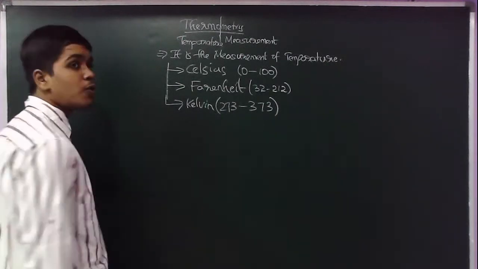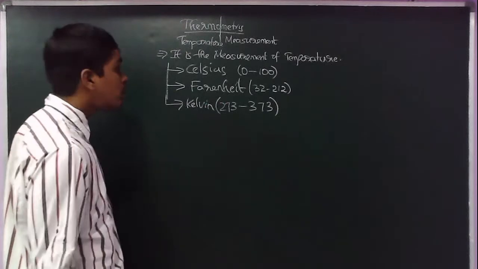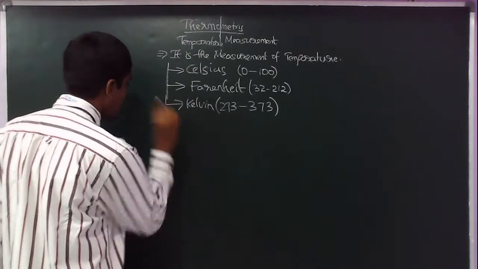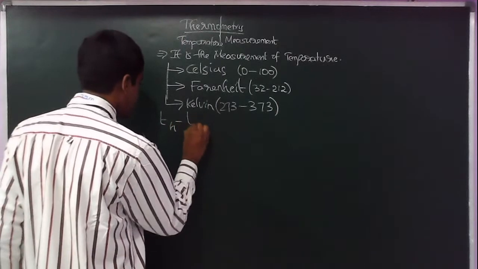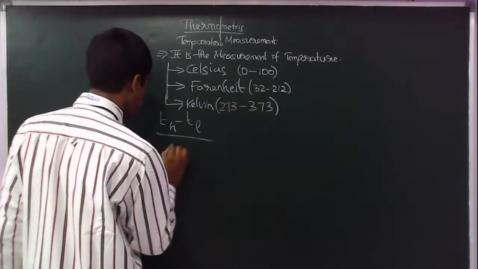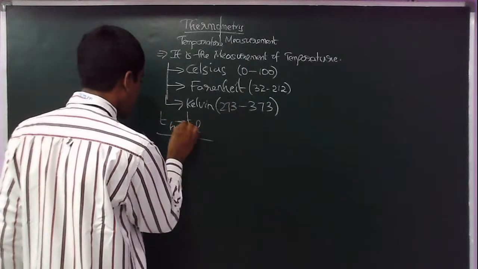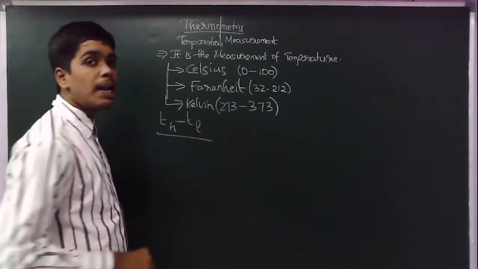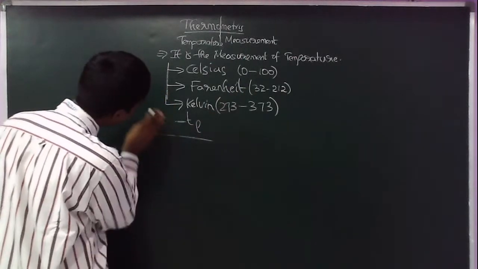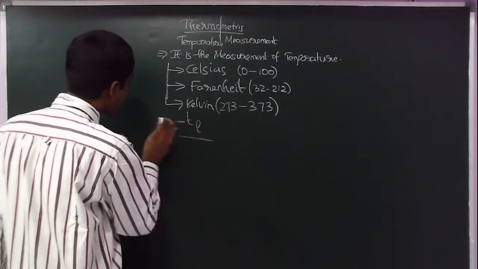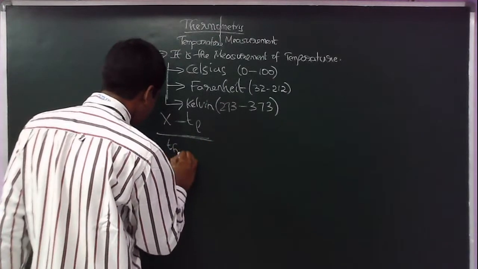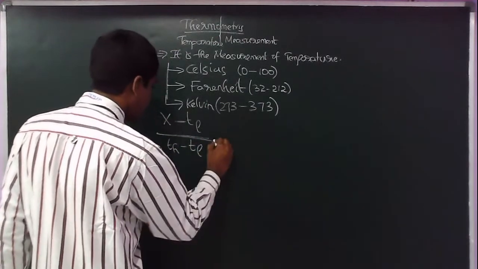First, we will write the relationship. To write the relationship, we write (T higher minus T lower) upon difference. That means x upon T higher minus T lower.